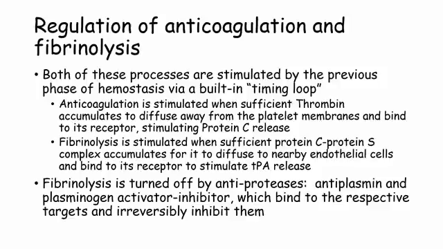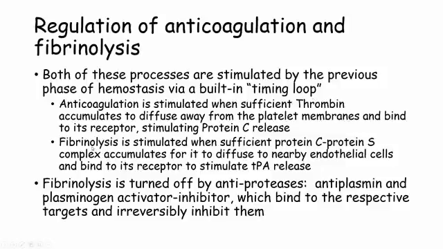When enough thrombin builds up, it's able to diffuse away from the platelet membrane and bind to its receptor, that protein called thrombomodulin that we talked about briefly, stimulating the release of protein C. So in this way we have a timing loop that allows procoagulation only to be active for a particular time, and then it's turned off by a key protein in the procoagulation, which is to say thrombin.